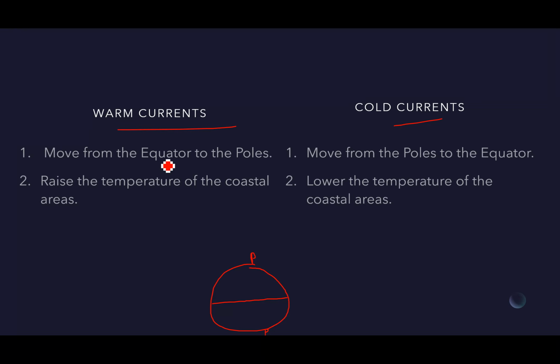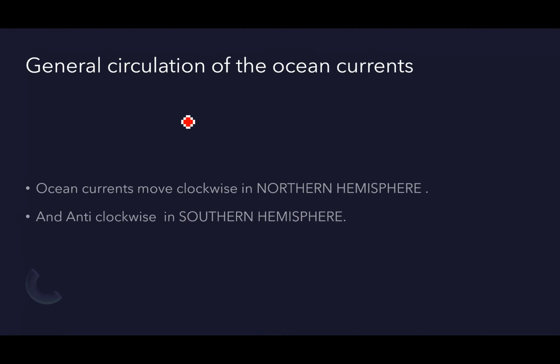So warm currents move from the equator to the poles, and they raise the temperature of the coastal areas, whereas the cold currents move from the poles to the equator and lower the temperature. I told you in the previous lecture, to make temperature easy, just think temperature means hot or heat. So lower the temperature means they become cold, raise the temperature means they make it even hotter. Now, there is one more thing you have to note.